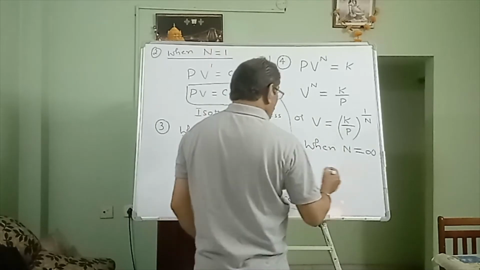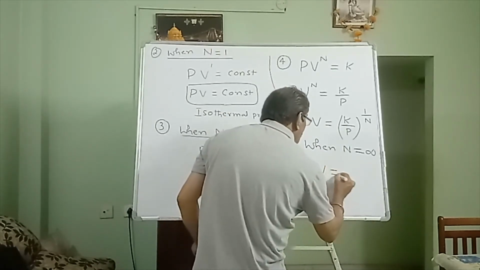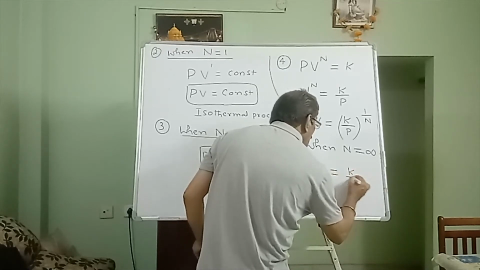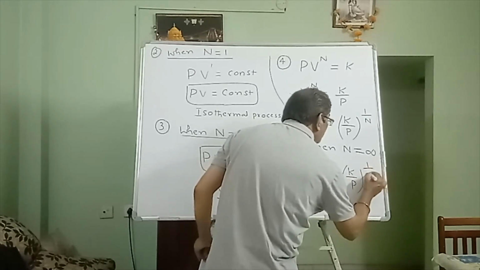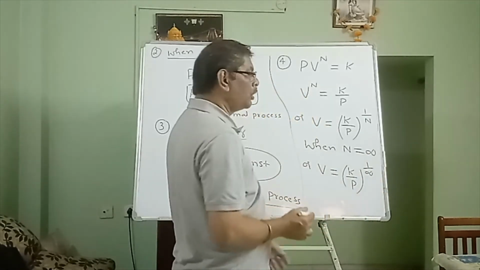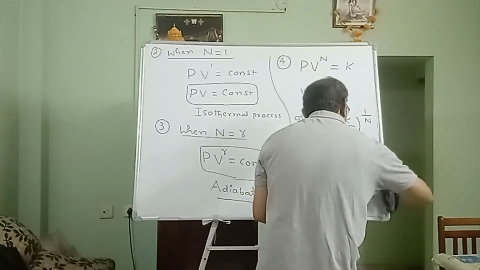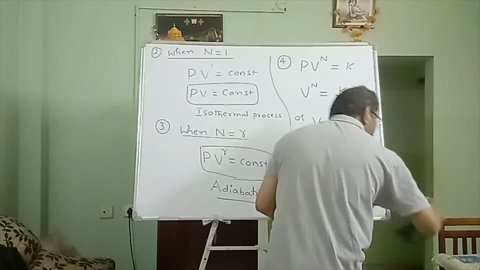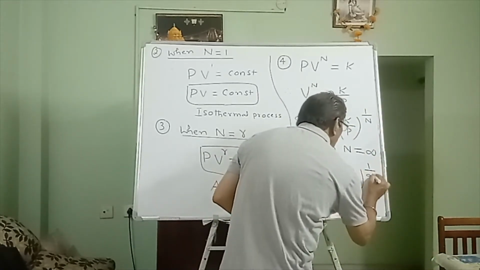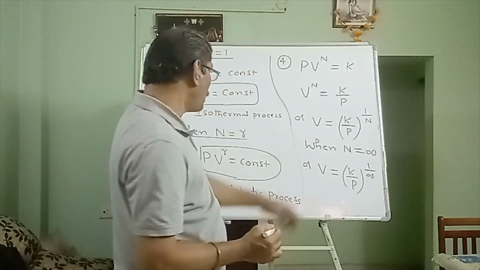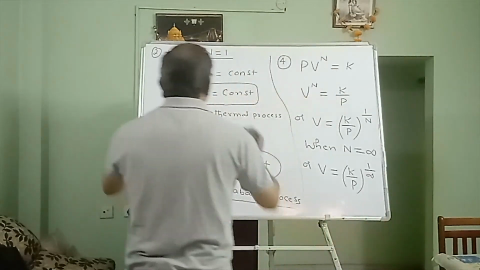Volume will be numerically equal to K by P, whole power 1 by infinity. Now you already know 1 by infinity will be equal to 0.